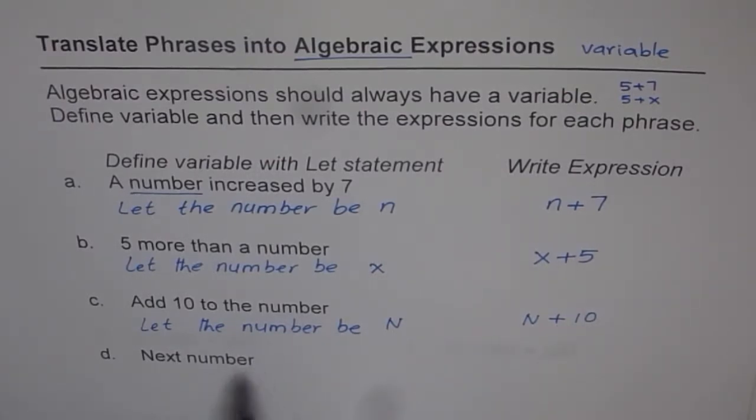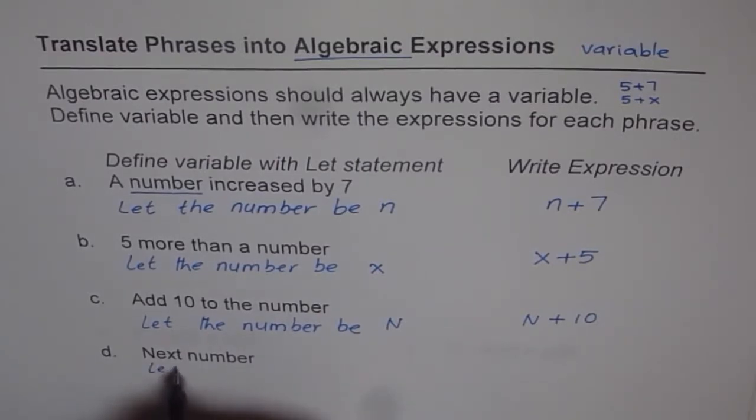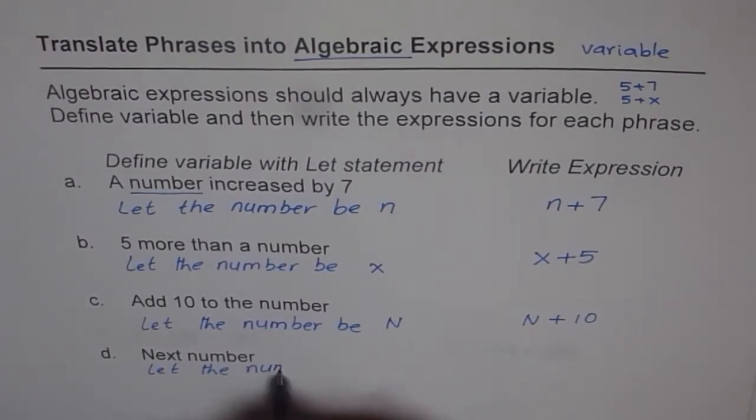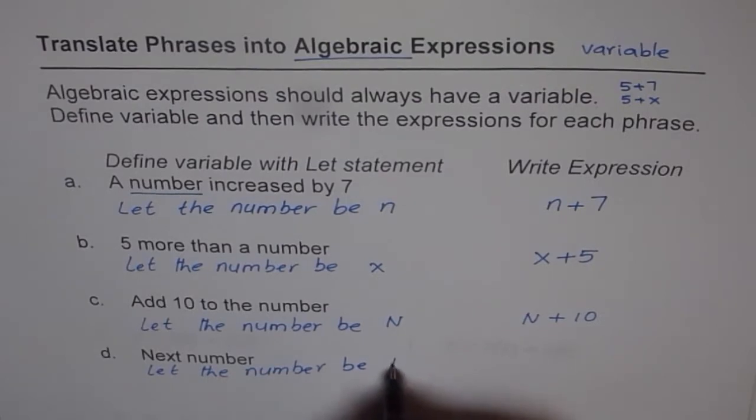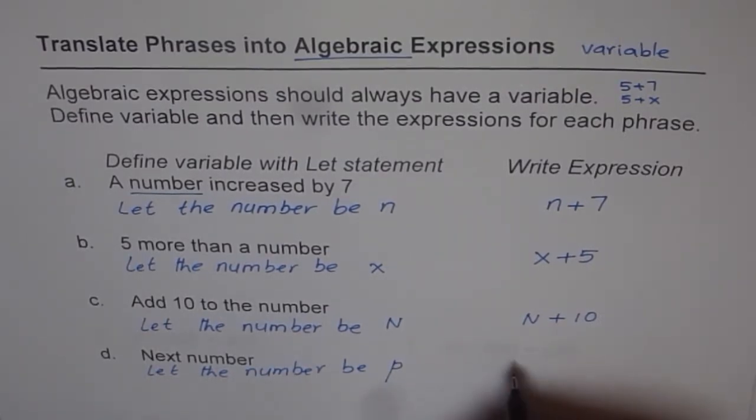Next number. This is very interesting. So we say let the number be, let us say p. So the next number will be what number? The next number will be p plus 1. So p plus 1 will be the next number, right? Thereafter, after p, the next number will be 1 more than p. That is how you can see.